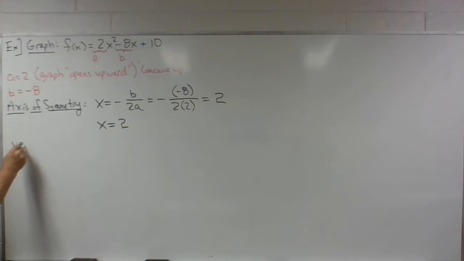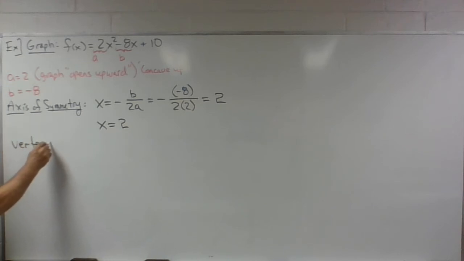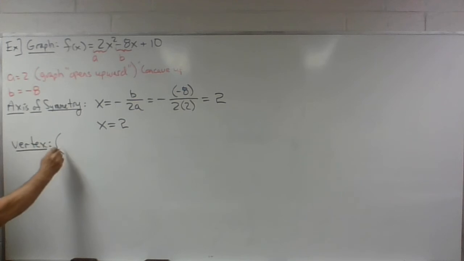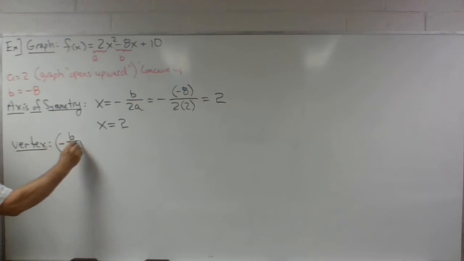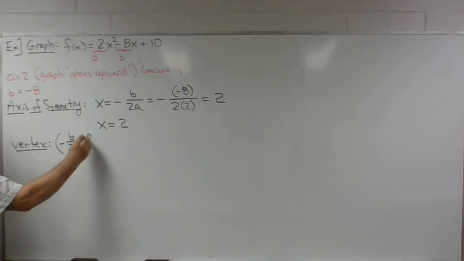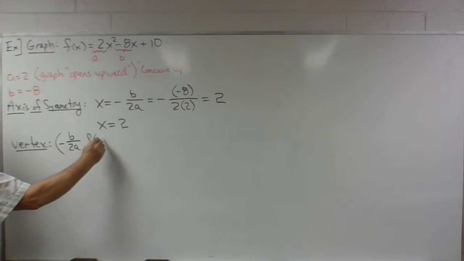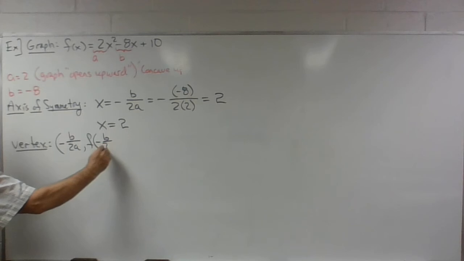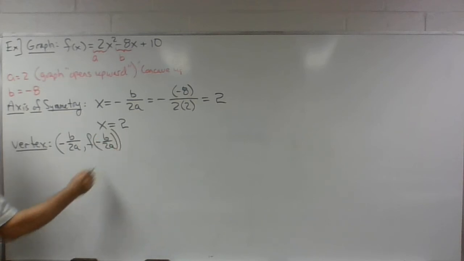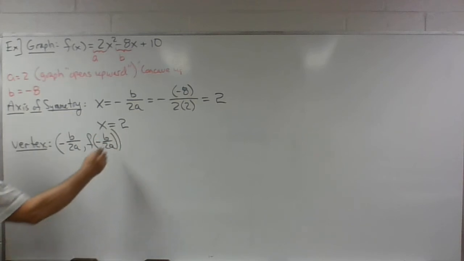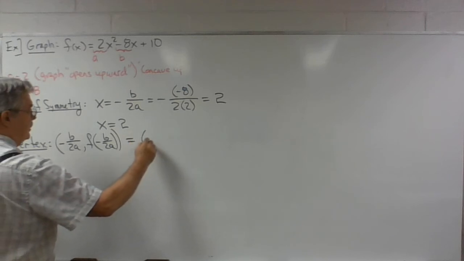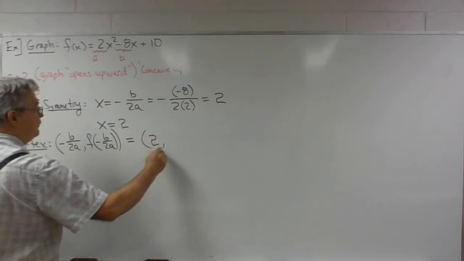And vertex, negative b over 2a, and f evaluated at negative b over 2a. So x is 2.